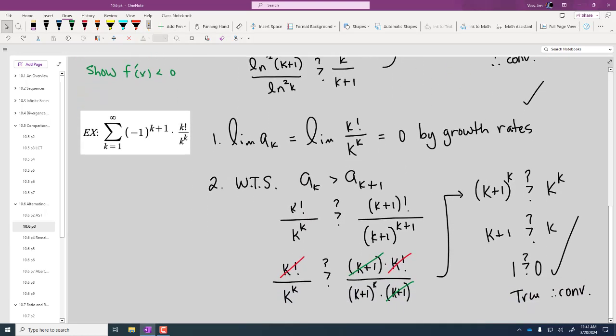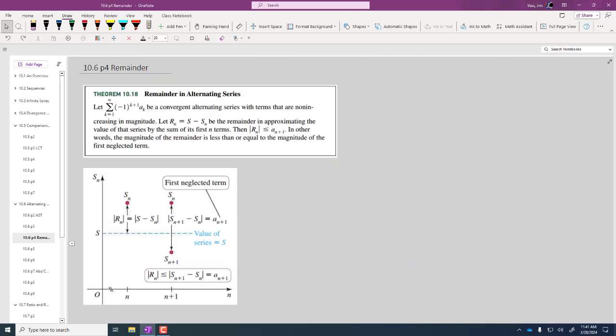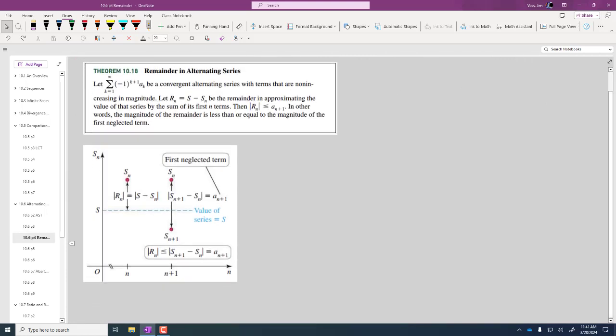Okay, so let's look at a visual thing for our last topic. The remainder for series is really, really important. But remainders for most series are a hassle to analyze. There is one exception. And that one exception is the alternating series.